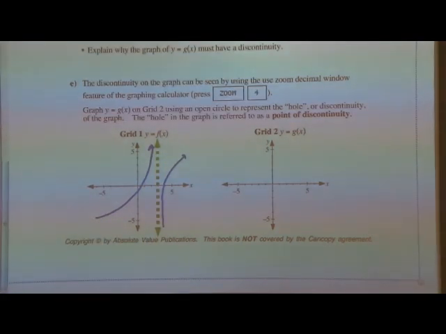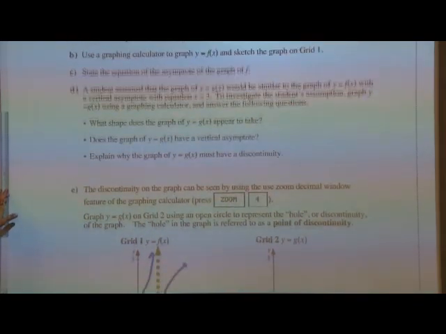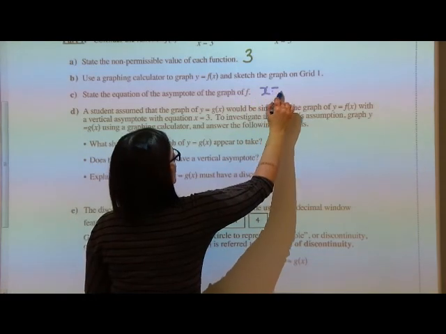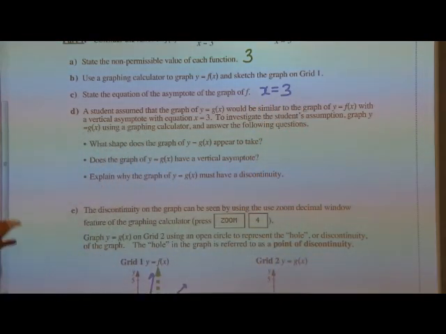And there's no horizontal asymptote this time, because the degree of the top is bigger than the degree of the bottom. So up above, we're asked to state the asymptote of f of x, which is x equals 3.